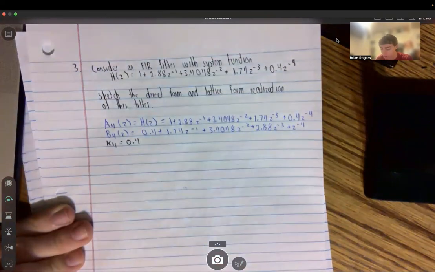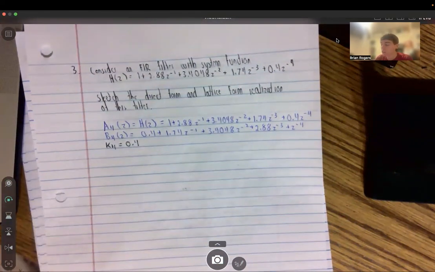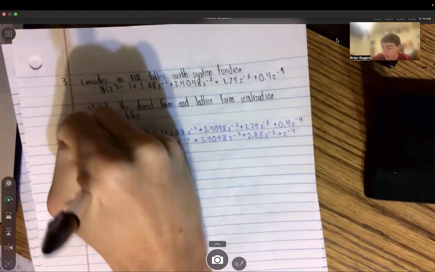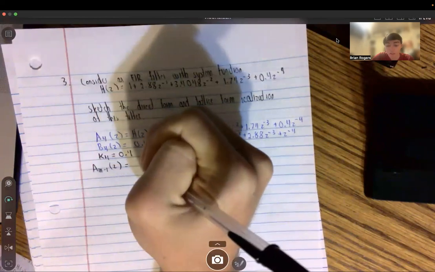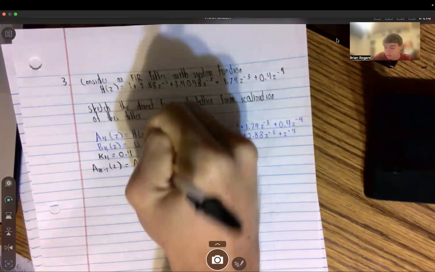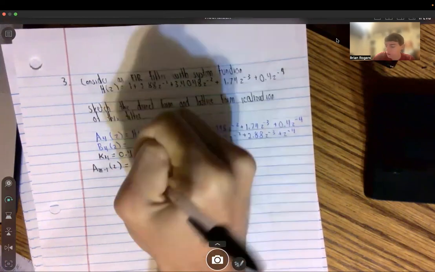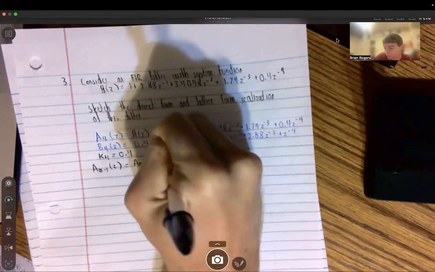So we have the k of 4, and there is a general equation that we use in order to solve for our next term. That general equation is given by a_(m-1)(z) is equal to a_m(z) minus k_m b_m(z), all over 1 minus k_m squared.